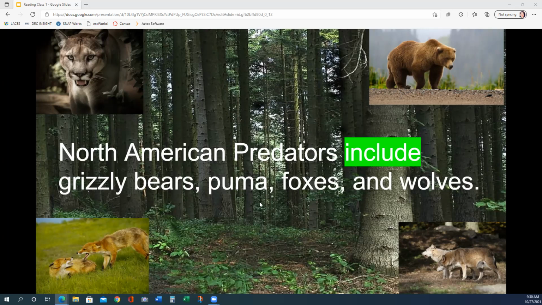So if they have to hunt and prey on other animals, that makes them a predator. So they're giving us a definition by giving us a word and then a series of examples. Okay. That's another way that they give us information.